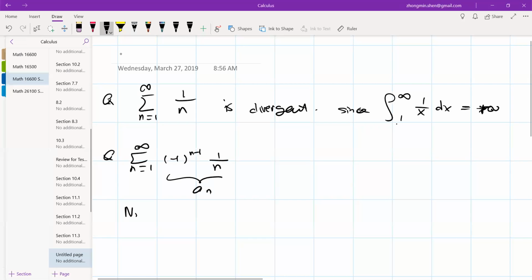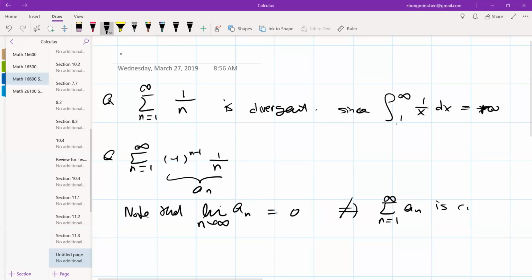I note that the limit as n approaches infinity of the nth term is going to be 0. But this does not guarantee this series is convergent or divergent. You cannot say that's convergent.